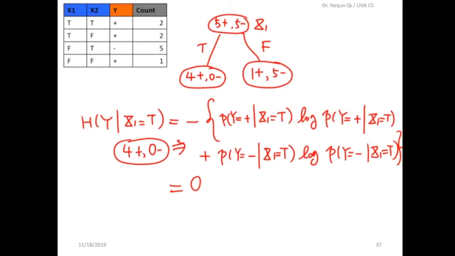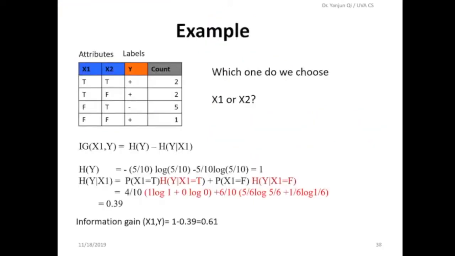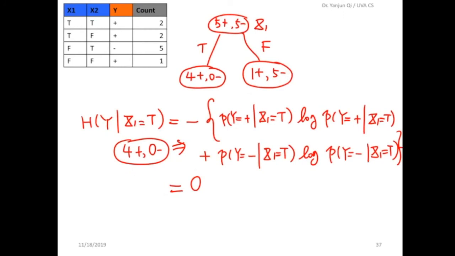And then y conditioned on x1 equals true happens how many times? It's really about the probability of x1 equals true, right? The probability of x1 equals true is 4 over 10. Then 4 over 10 times that entropy you just calculated. 6 over 10 is the other side. This side is 4 over 10, and this side is 6 over 10.